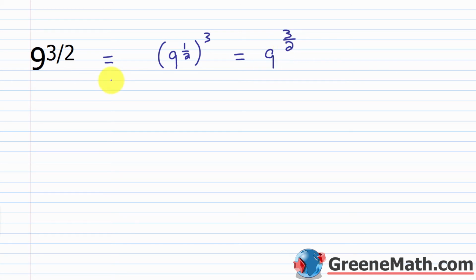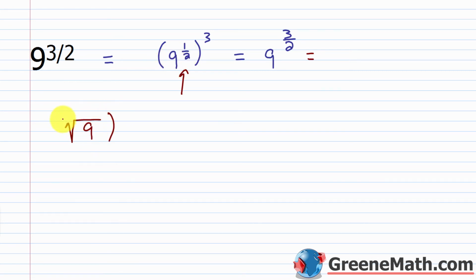So I can go back and forth. But the reason I would want to write it like this is because it makes it obvious what I need to do, right? I know that 9 to the power of 1/2 at this point in your mind might still not register as the square root of 9. It does for me, but I've been doing this for a long time. So you might want to say, okay, this is the square root of 9, just following the processes we've been doing, right? 9 is the radicand, 2 is the index.